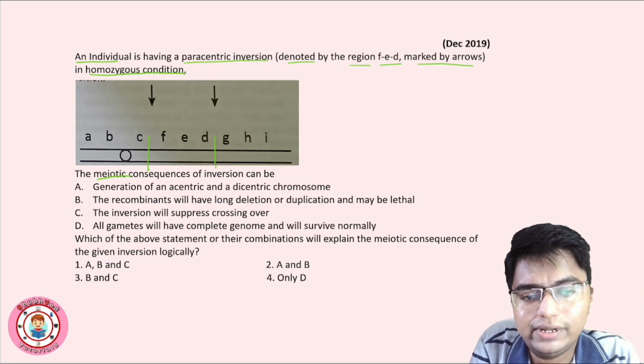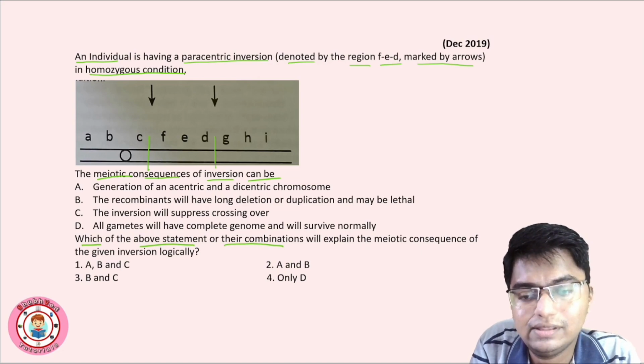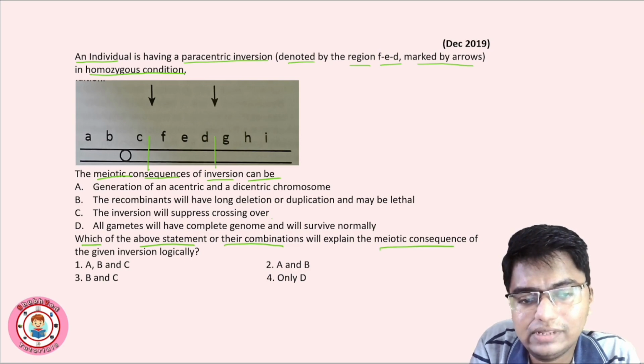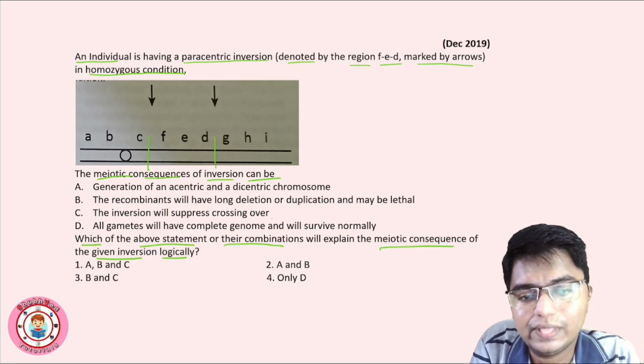The meiotic consequences of inversion can be, again, what we have to do, which of the above statements or their combination will explain the meiotic consequence of the given inversion logically. So मतलब correct ही हमें identify करना है.